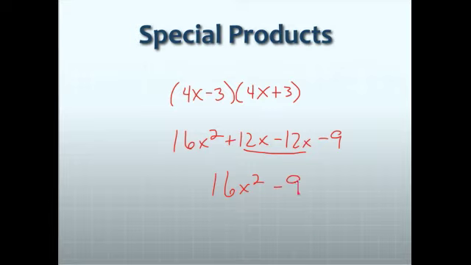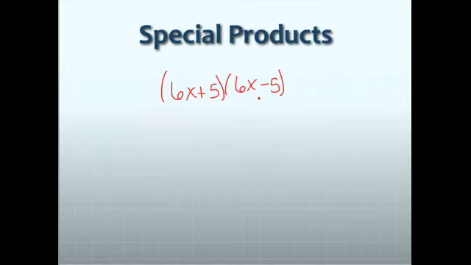Now notice what happens here is our two middle terms cancel each other out, leaving us with just 16x squared minus 9. This is called the difference of squares because we have a square of the first term, 4x is 16x squared, and we have a square of the second term, which is 9. And because we're always going to have a subtraction there, that is a difference of squares.